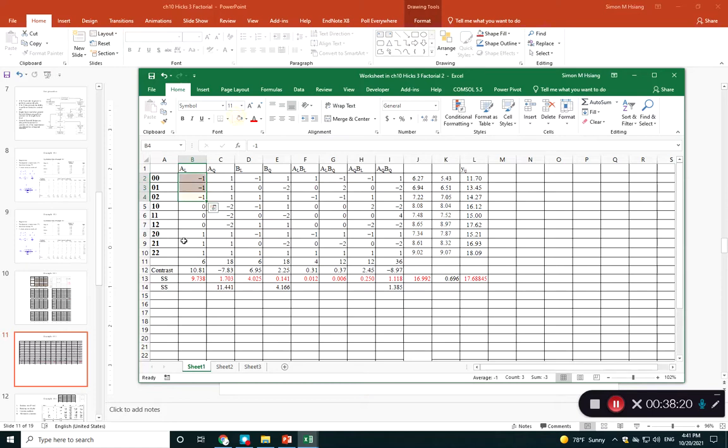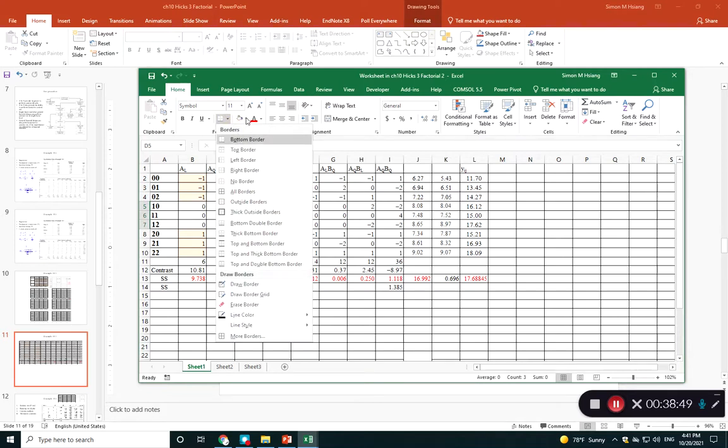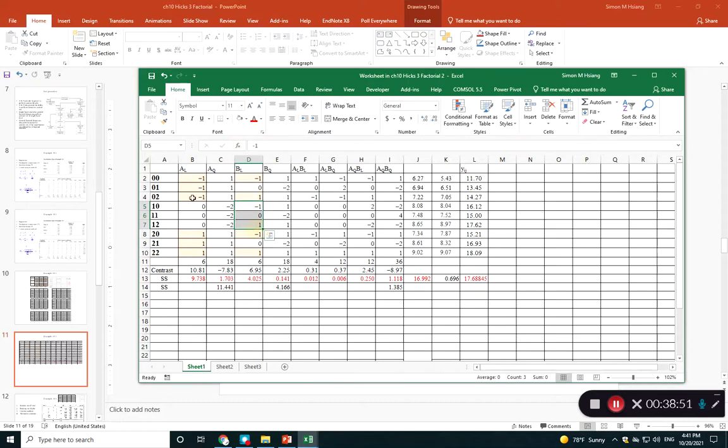So now I do the same things. Linear, linear, linear. And I don't even need to do this 2, because this 2 in the middle here is all 0, right? So I have my 4 corners, and then I have the one in the middle.